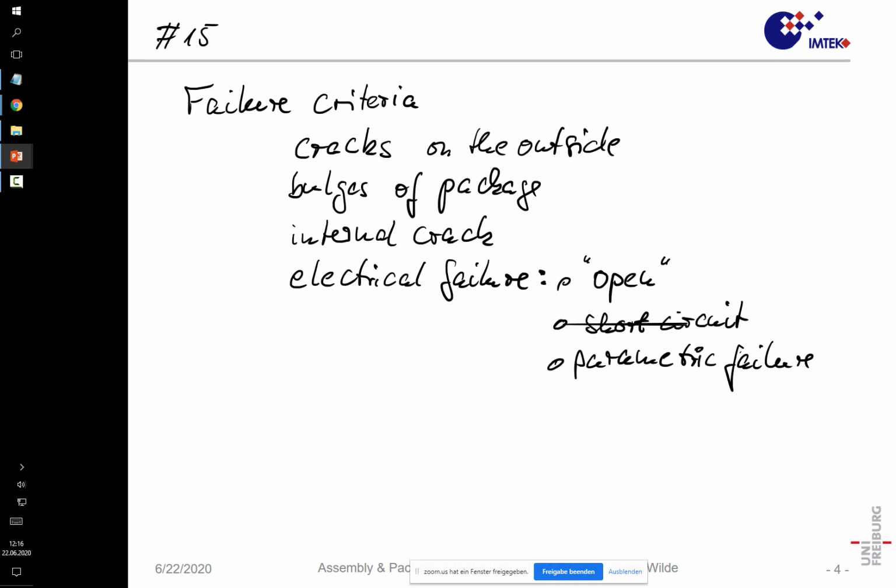That means you test the devices. For instance, you have, let's say, an operational amplifier, and you test for the amplification factor, or in another device, the attenuation or something like that, and this property is no longer achieved.